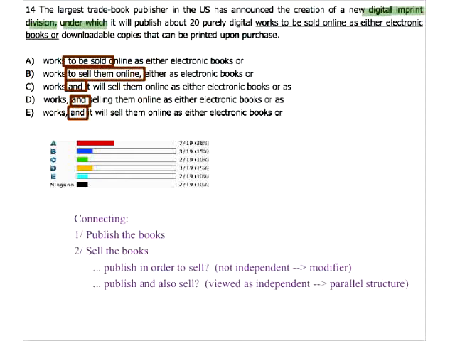So for that reason, it doesn't make sense to have selling the books as a separate parallel act, because a digital imprint division wouldn't do that. That's not what that kind of division of a company would do. So instead, a quote, digital imprint division, unquote, would only do one of these things.